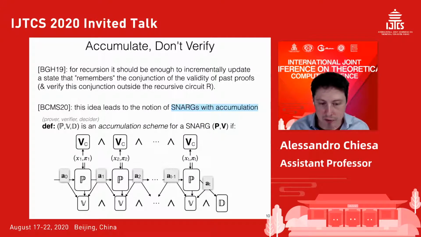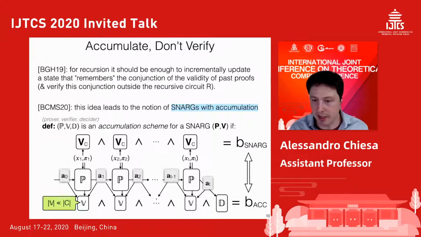It is that if you check that each accumulator was derived from the previous one correctly, this is the accumulation verifier. Here's another accumulation verifier that links these two. Here's the last accumulation verifier that links these two. And you have the accumulation decider that checks the last one. Then these two processes are the same, up to cryptographic assumptions.